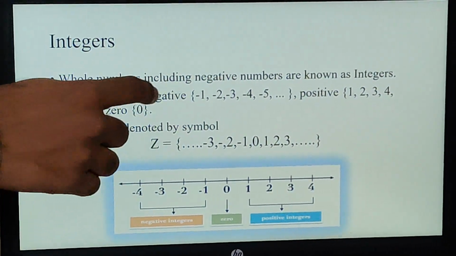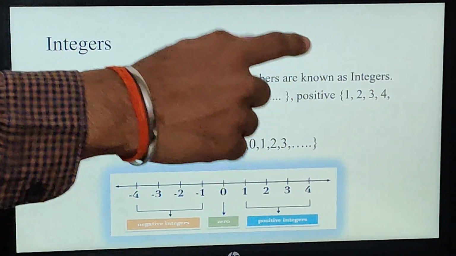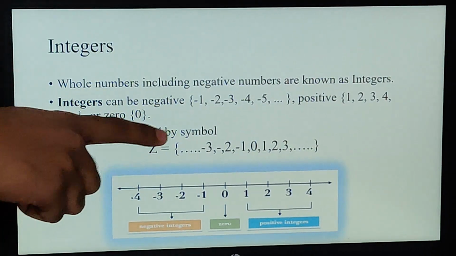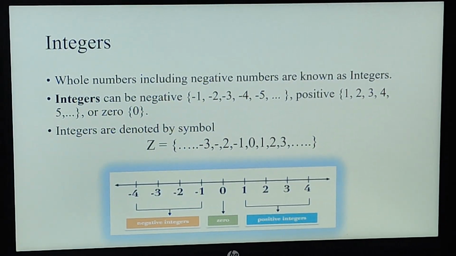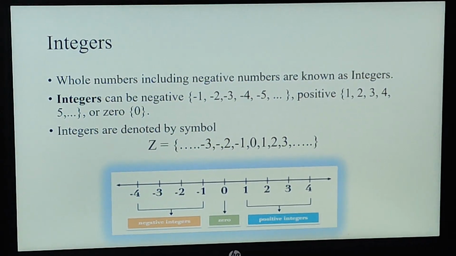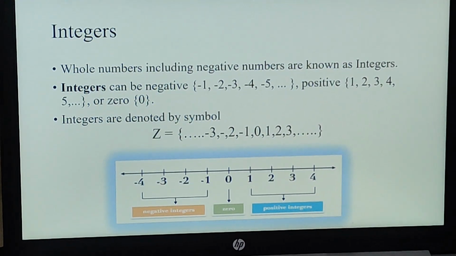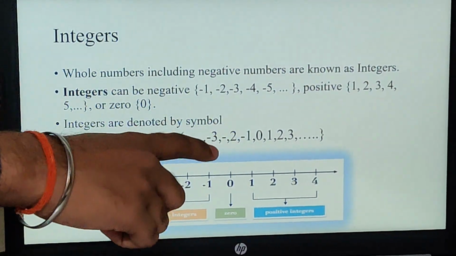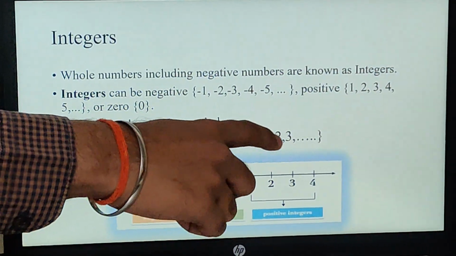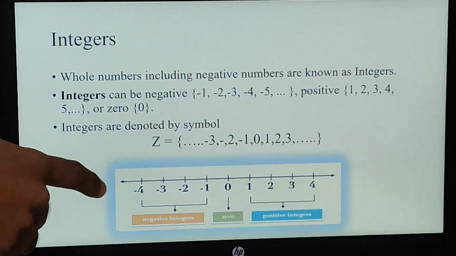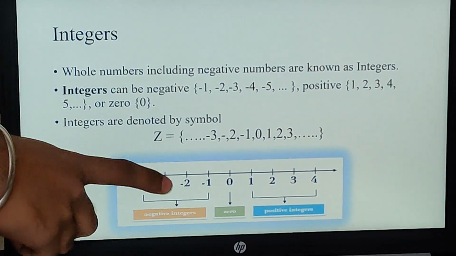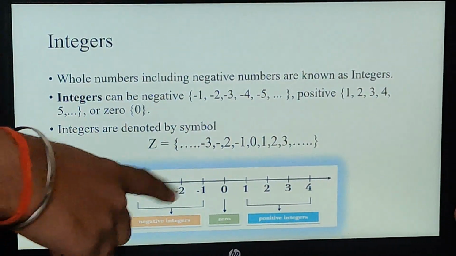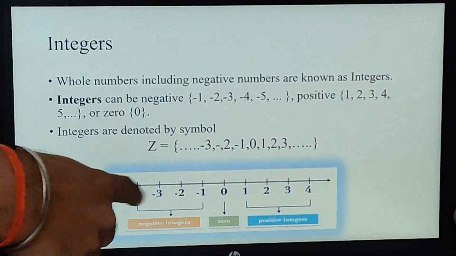All these three, negative numbers, positive numbers and 0, are termed as integers, and integers are denoted by capital Z. So on: -3, -2, -1, 0, 1, 2, 3 and so on. Integers are represented on the number line in this way.